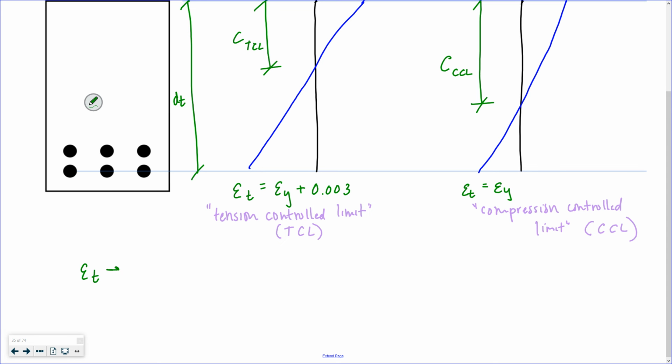ET is defined as the strain in your extreme longitudinal tensile reinforcement.